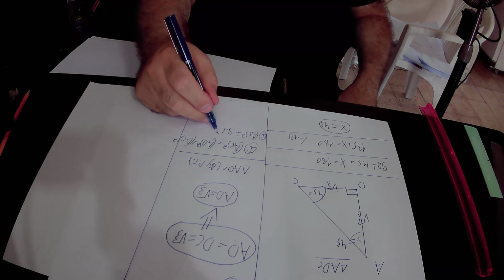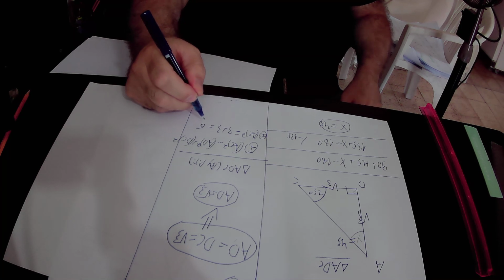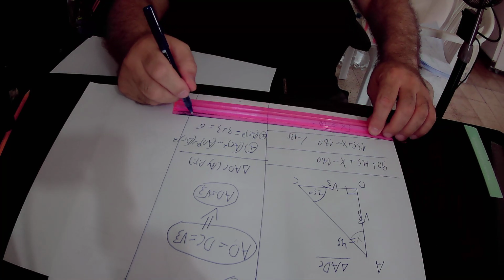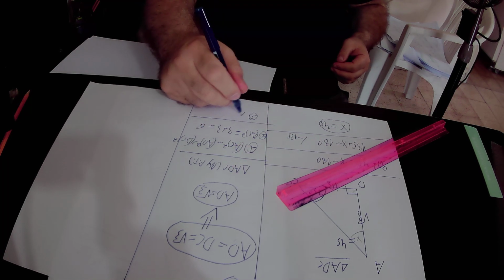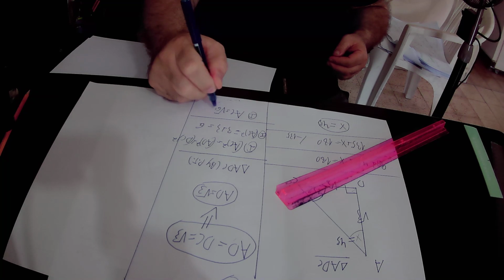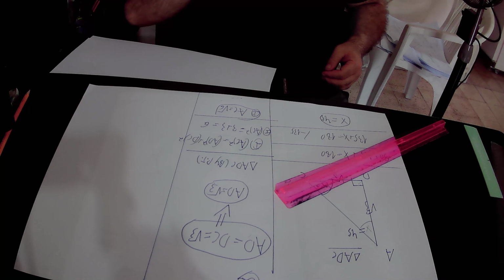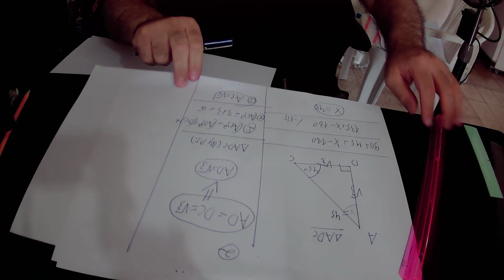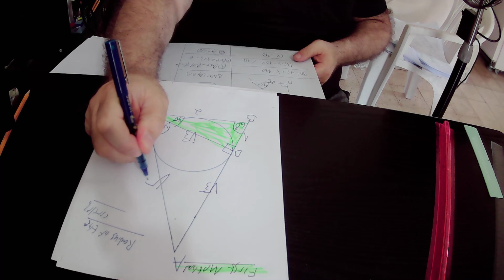So in conclusion, we found out that AC squared equals 3 plus 3, that is 6. According to equation number 1, AC equals square root of 6 units. So we can write here that AC equals the square root of 6 units.